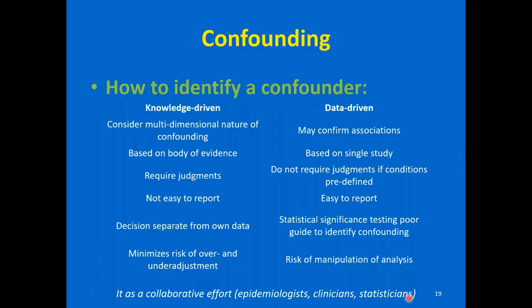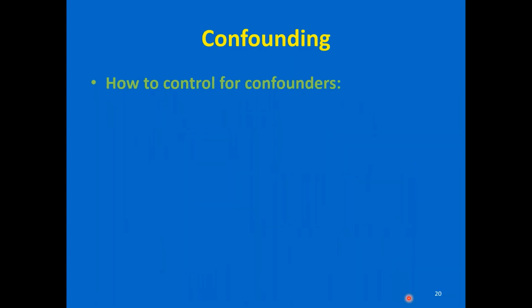So generally, identifying confounders, believe it or not, is a collaborative effort among all the team members in the research team. This includes clinicians as well as statisticians. Now, how can we control for confounders in the study design stage?